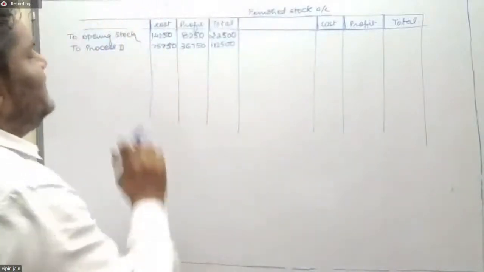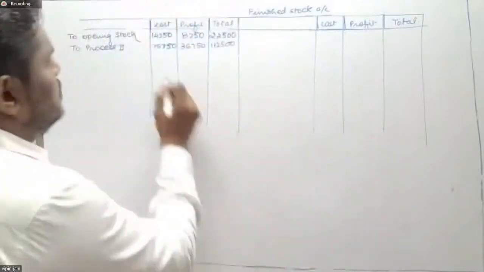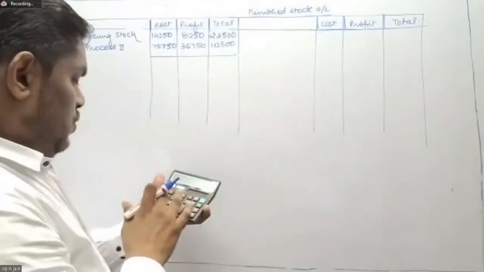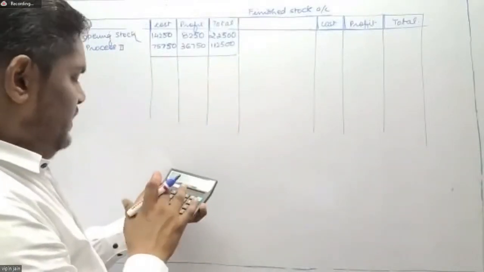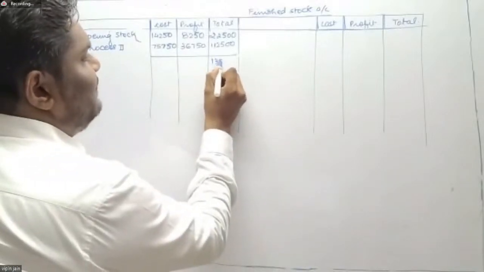So this much is received from process second account. Now since no costs are incurred, we will first find out the total, that is 1,12,500 plus 22,500. So this will be 1,35,000.